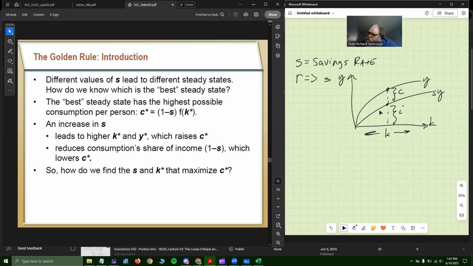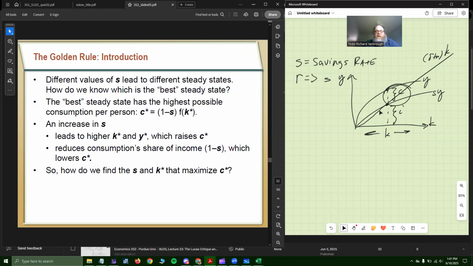So let's put a depreciation line there, depreciation plus N times output per worker. If we want to increase consumption, we can affect the savings rate. Again, we want to be at the steady state level which ultimately maximizes consumption.